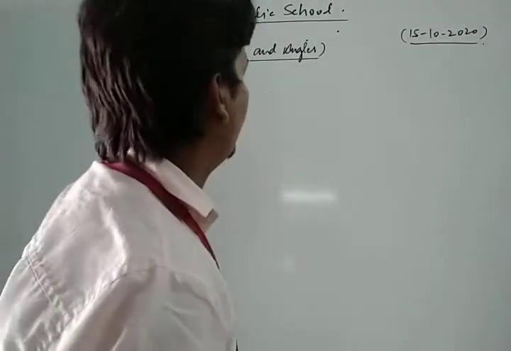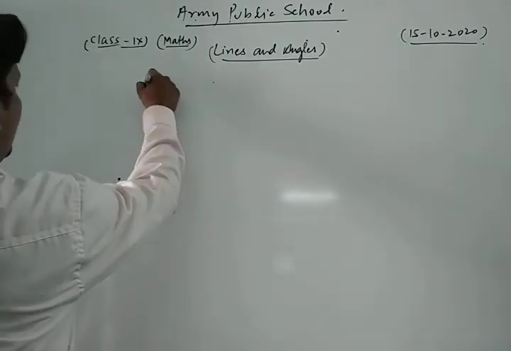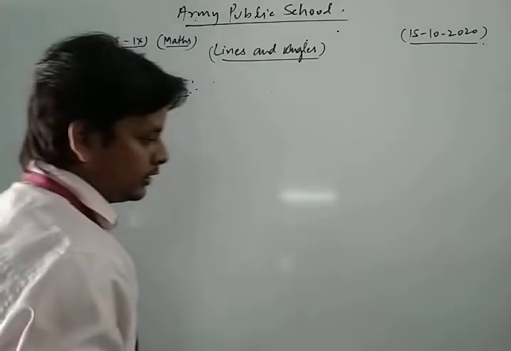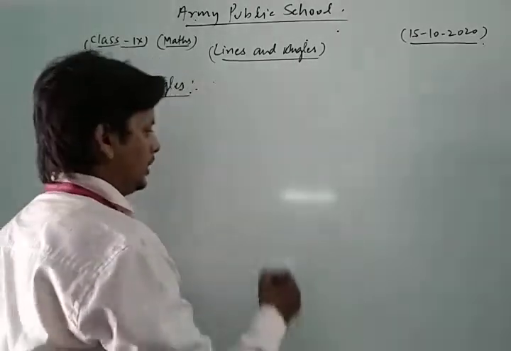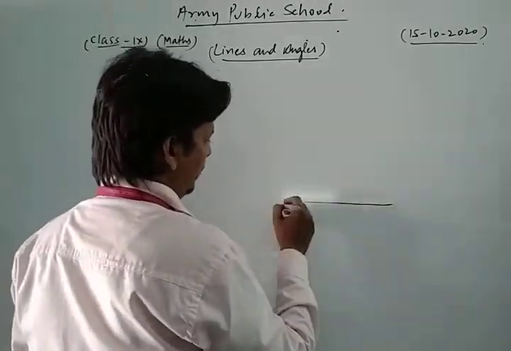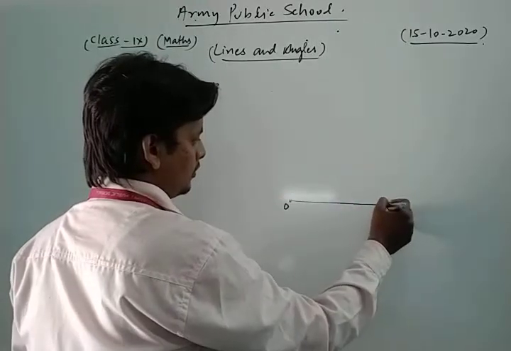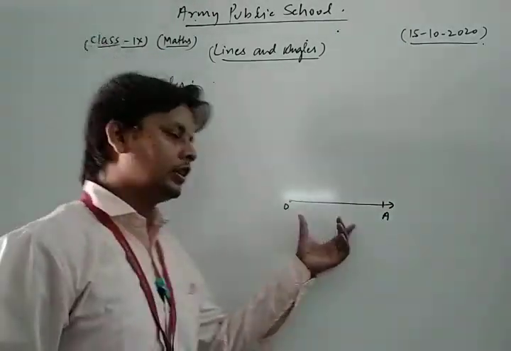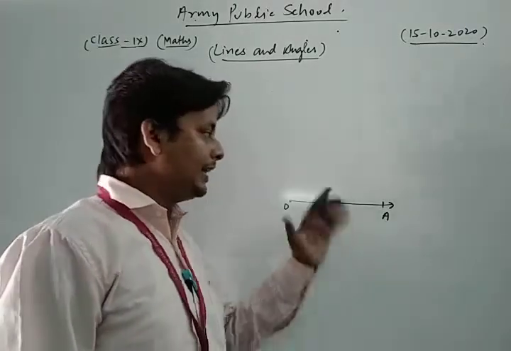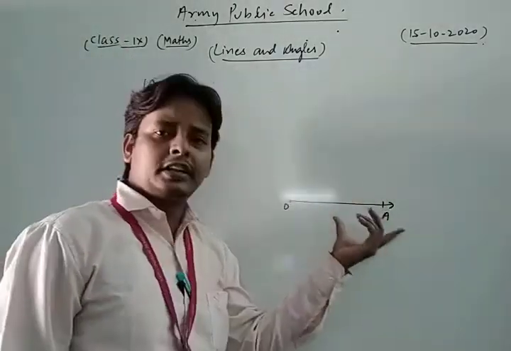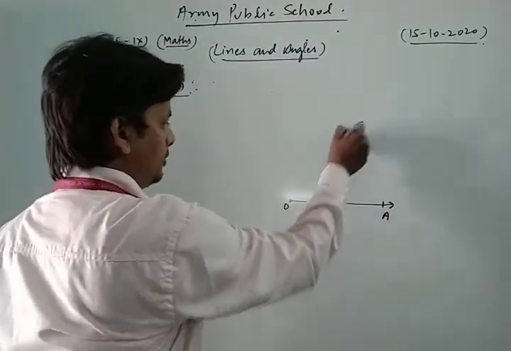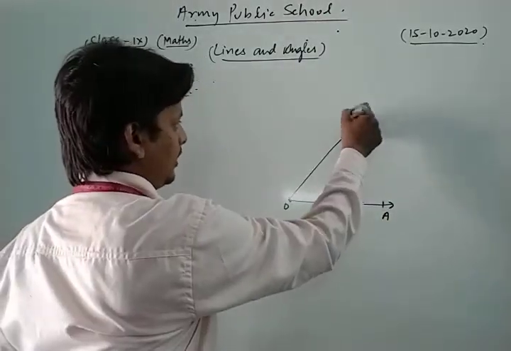Now dear friends, we discuss the concept of angles. What is the concept of angle? Suppose we have a ray OA, and we rotate the ray OA in the anti-clockwise direction, and its final position is OB.